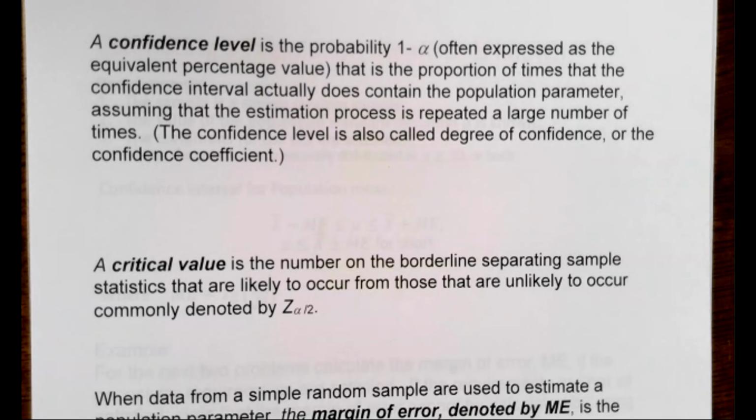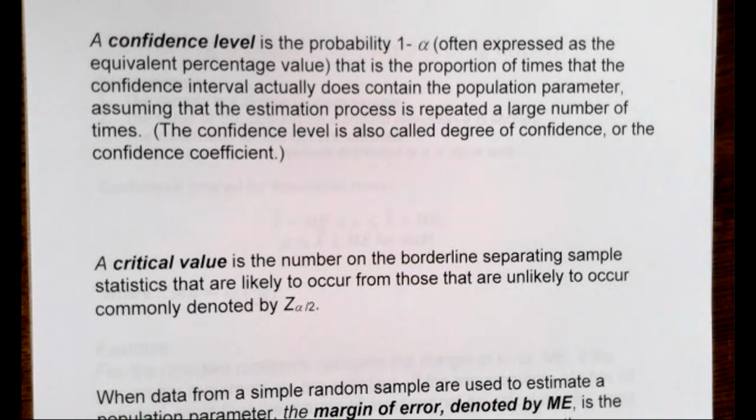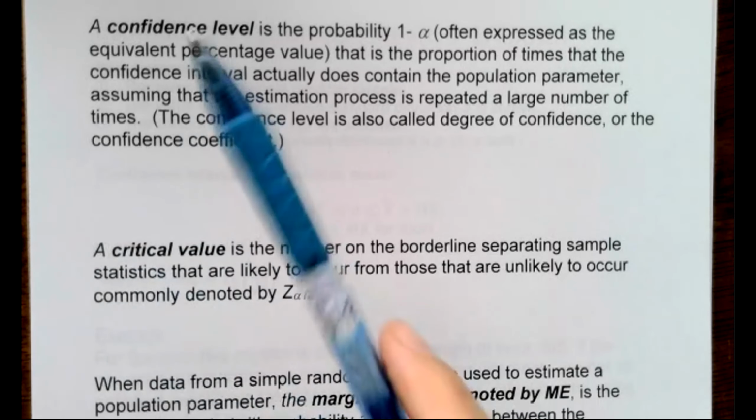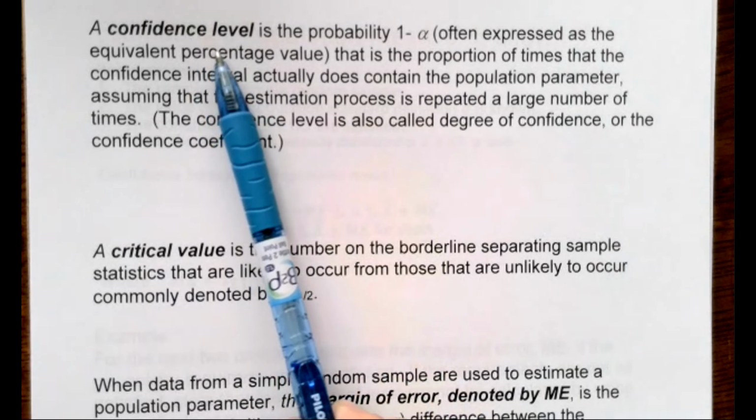So how are we going to estimate our population parameters? Let's talk about some basic ideas and basic terminologies. Our first term is confidence level.